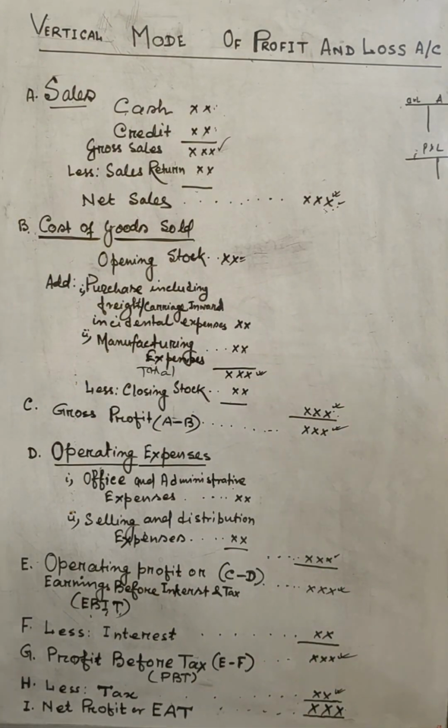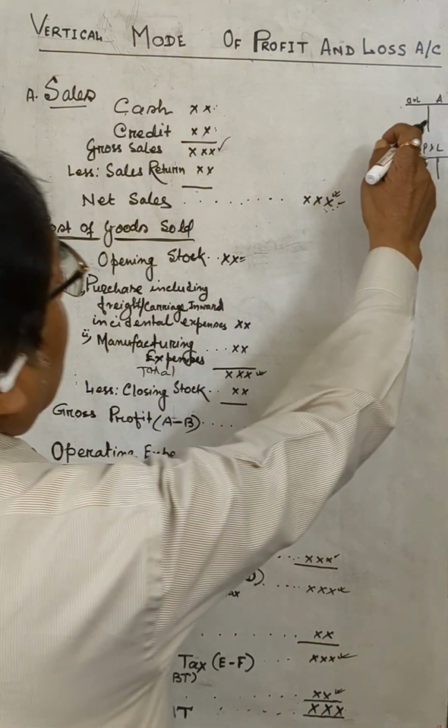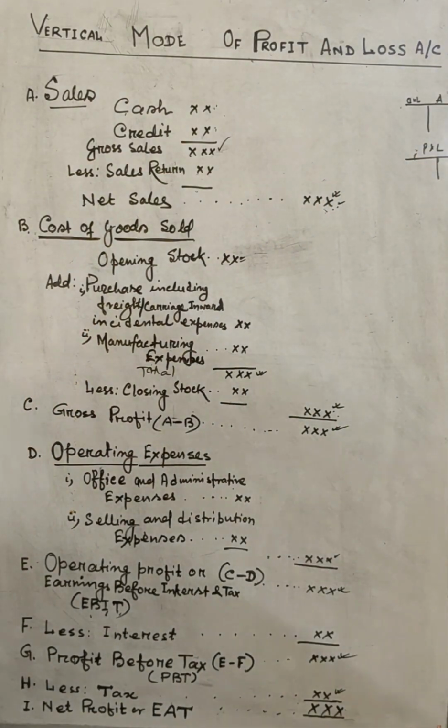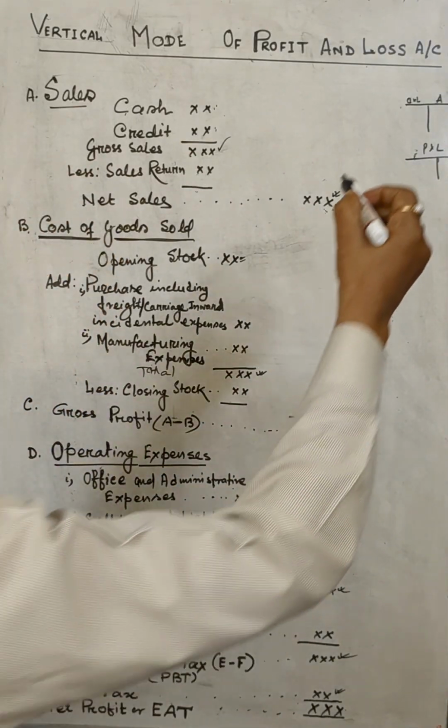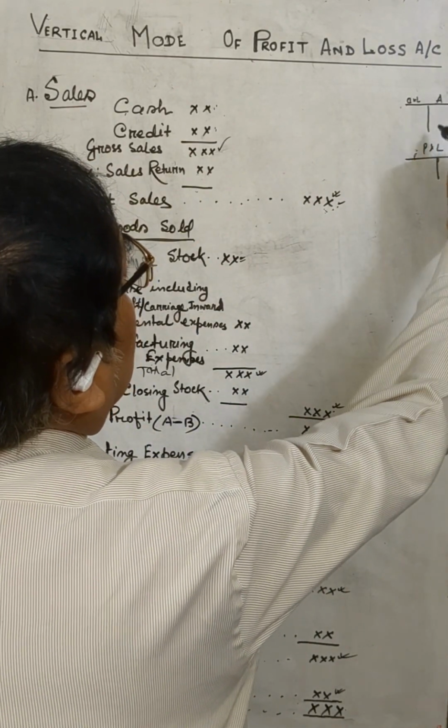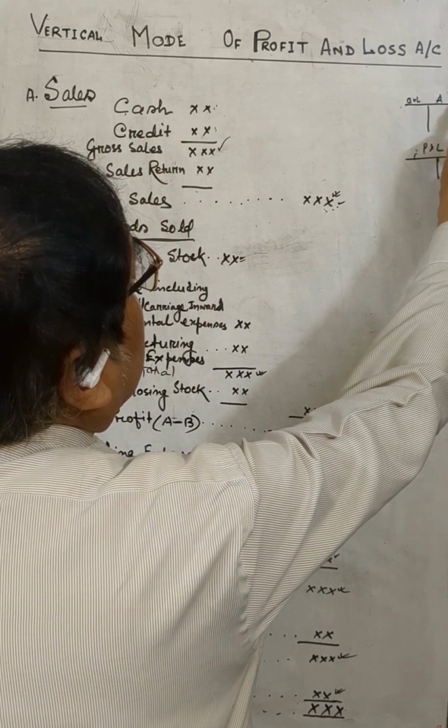Next, I am going to show you the vertical presentation of the balance sheet also. I have already mentioned that in general, as per company laws, the balance sheet and profit and loss account are shown in the T form.